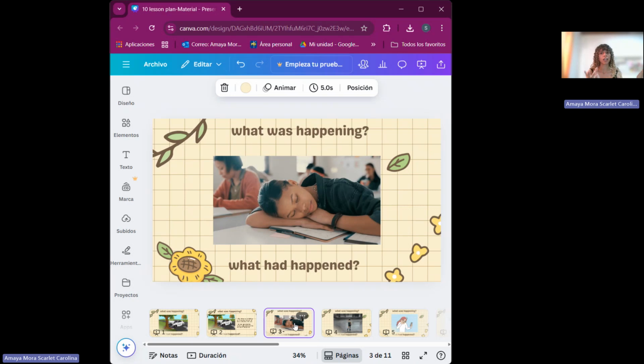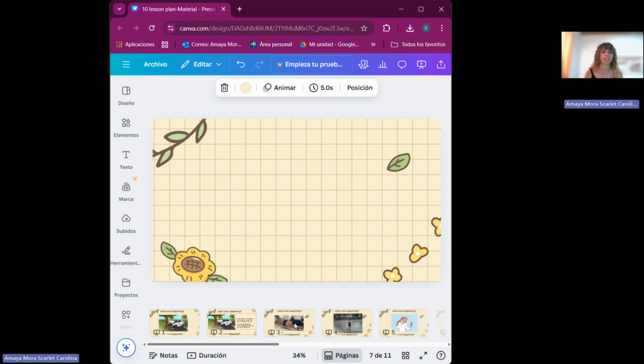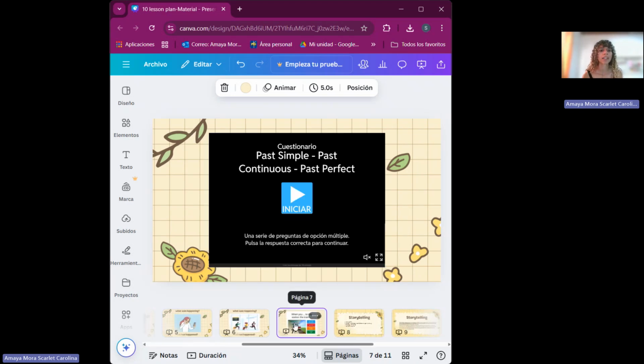There is an action, and before the class, this is the consequence. The consequence is that she is still asleep in the class because she had stayed up all night. Okay, right?